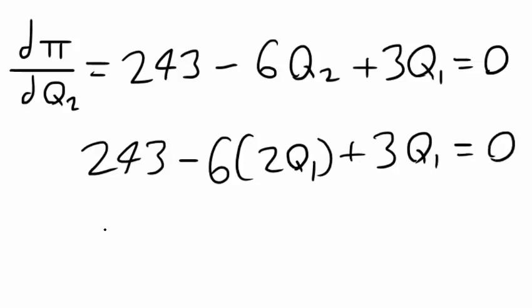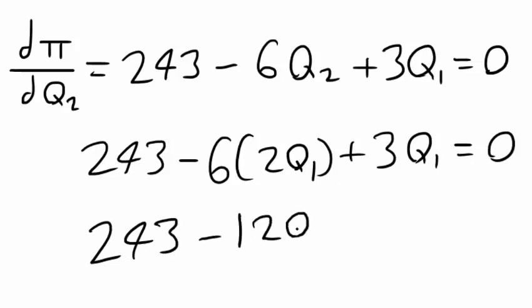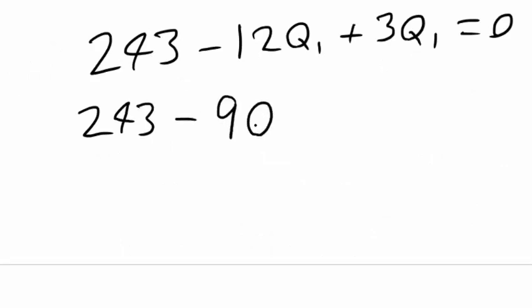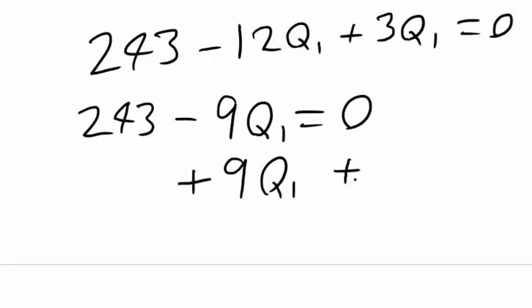And by multiplying out, we get 243 minus 12Q1 plus 3Q1 equals 0. And then if we combine like terms, we have 243 minus 9Q1 equals 0.